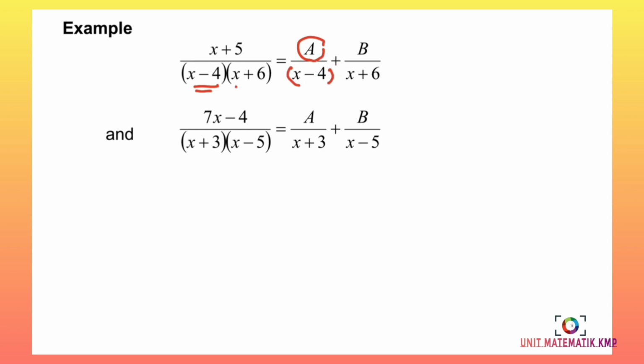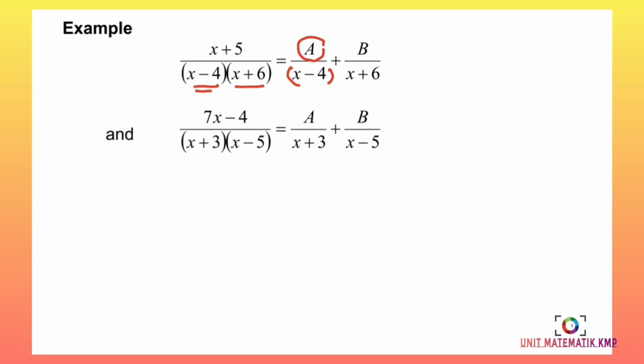The second factor is also linear, so it should be a constant, denoted as b. So (x plus 5) over (x minus 4) times (x plus 6) is equal to a over (x minus 4) plus b over (x plus 6).